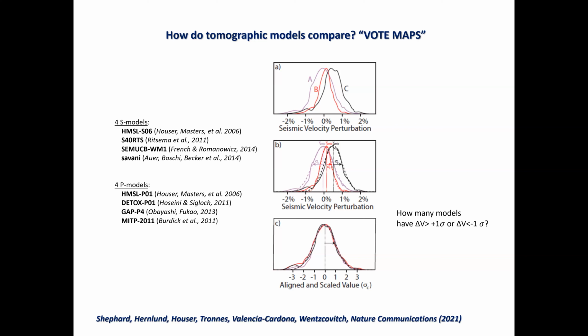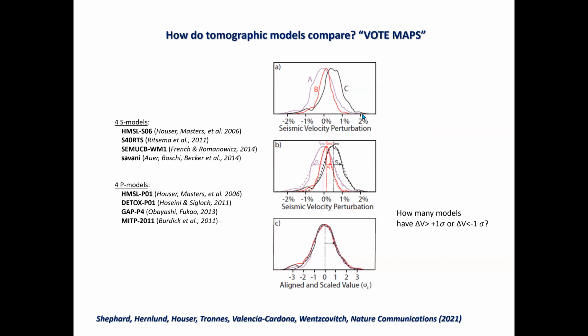So we could pin down the degree of agreement of these models. And this is what is called a vote. We use these normalized histograms to calculate vote maps.